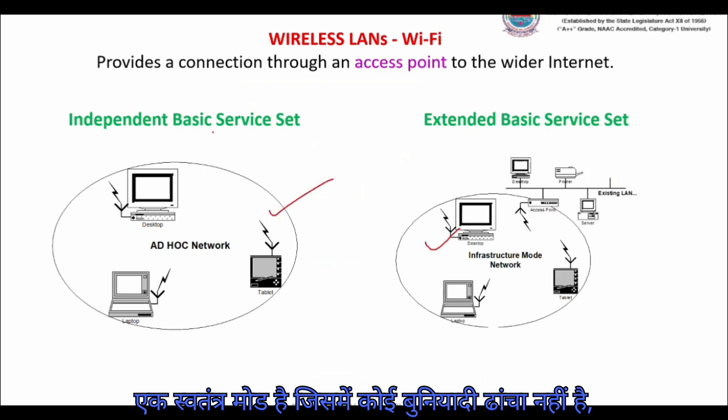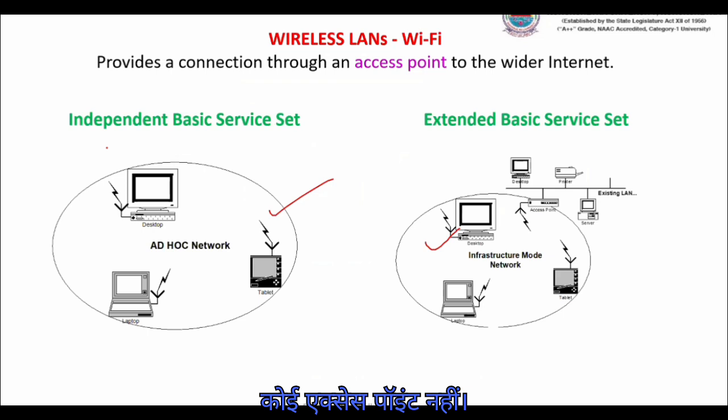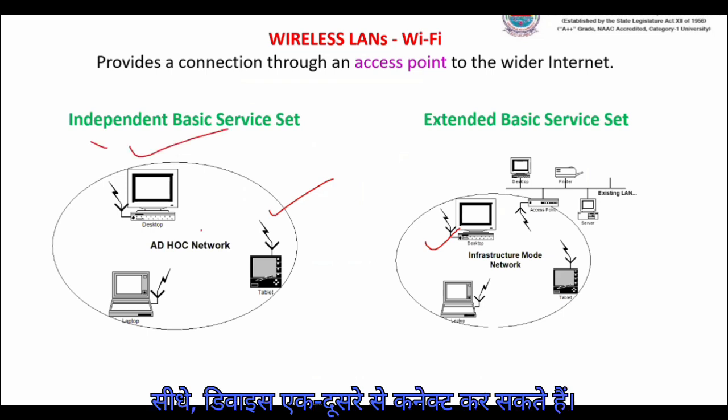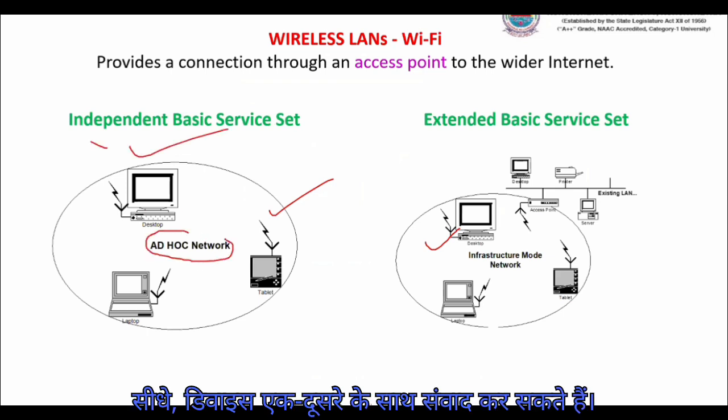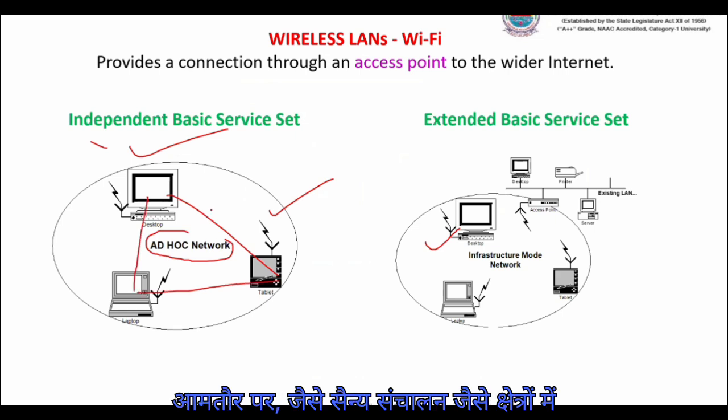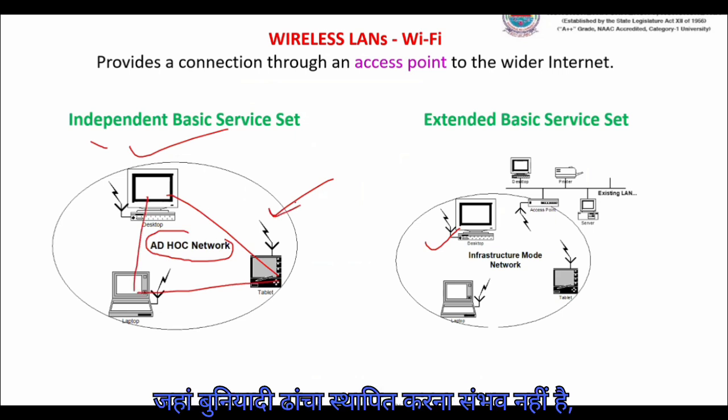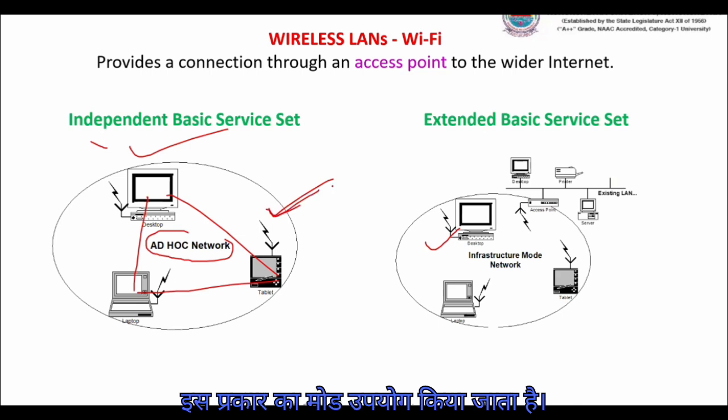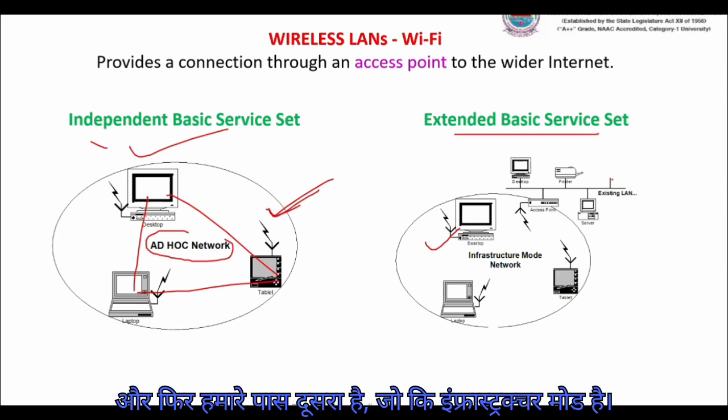And this is Wi-Fi. It operates in two modes. One is independent mode, in which no infrastructure is there, no access point. Directly the devices can communicate with each other. Normally in regions like military operations, where it's not possible to lay down an infrastructure, such kind of mode is used.